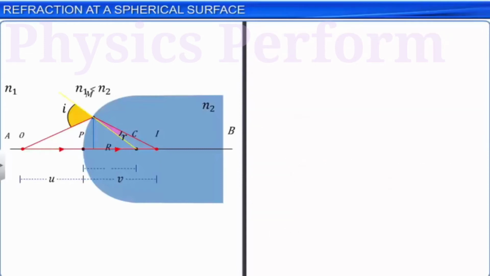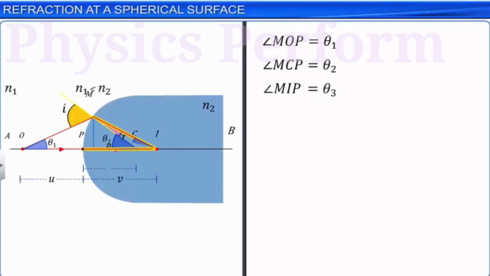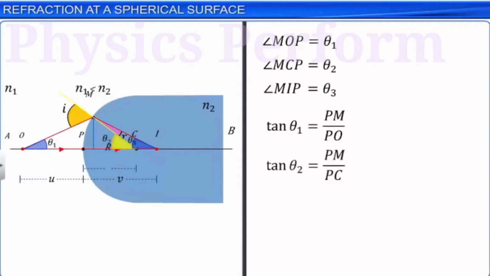Since the angles are small, tan theta 1, tan theta 2, and tan theta 3 are approximately equal to theta 1, theta 2, and theta 3 respectively. Then we can write that theta 1 is equal to PM by PO, theta 2 is equal to PM by PC, and theta 3 is equal to PM by PI.